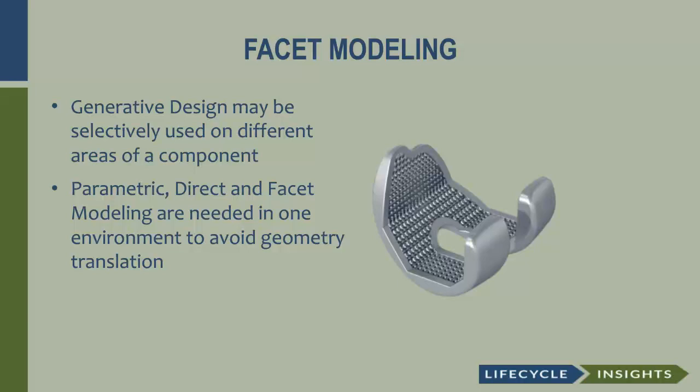I'm sure if you've used CAD software before, especially in the context of collaborating with suppliers, then you know when you move geometry from one CAD application to another, you often get broken geometry that you need to fix, which in turn takes more and more time away from design. So that is one of the main reasons why you want to have all three modeling capabilities in a single CAD application.